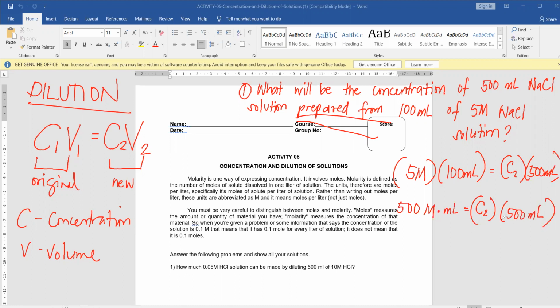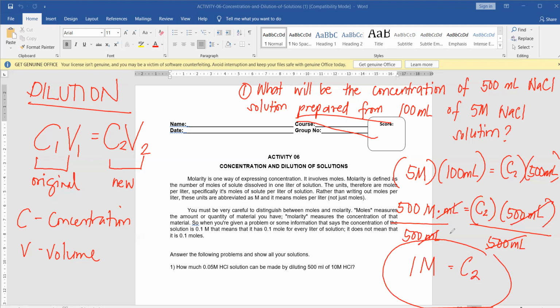Now, the next thing, syempre, we have to isolate the C2. Thus, we have to divide both sides with the 500 ml. Maka-cancel yung ml dyan, maiiwan na unit ay m. So, C2 here, the new concentration of the solution is 1. 500 divided by 500 is 1. And then the unit, syempre, is molar.